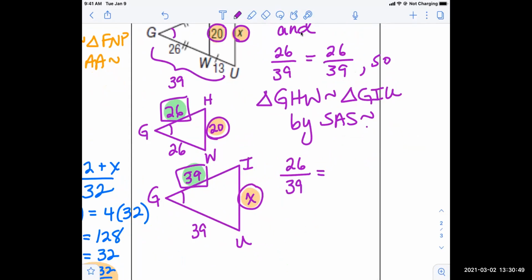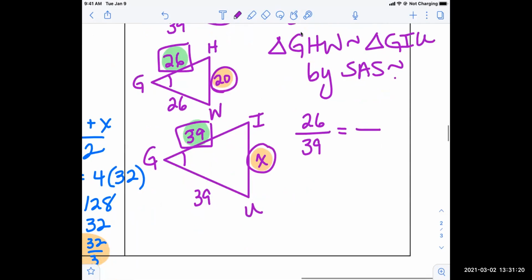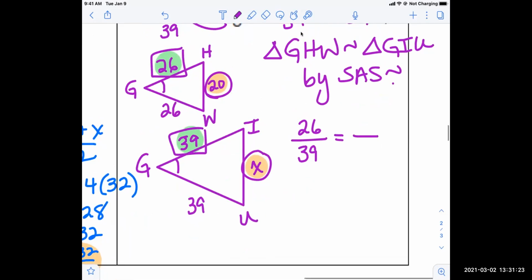Equals. You'll be able to simplify this, but I need a proportion before we worry about simplifying. 26 is to 39 as 20 is x.